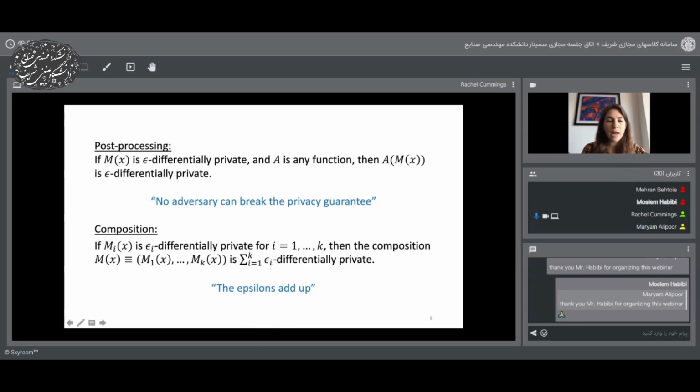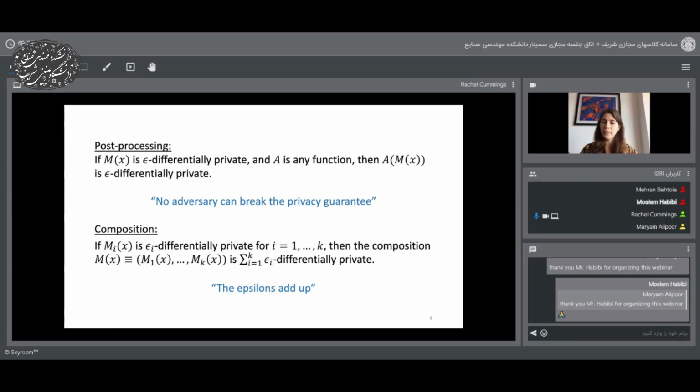Formally, it says if I have a collection of differentially private algorithms, M1 up through Mk, where they're each epsilon-i differentially private, then if I do these k different analyses on my data, the result is still going to be differentially private. I'm just going to sum up these epsilons. And so this is the simplest version.